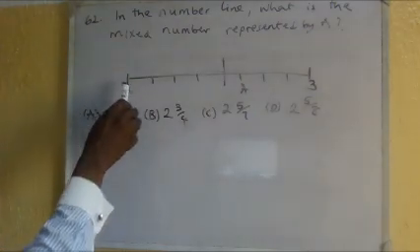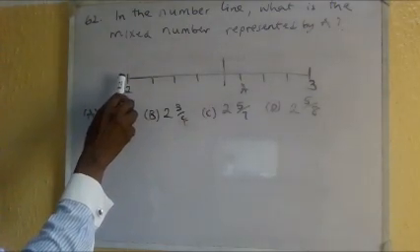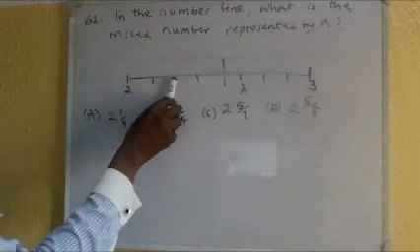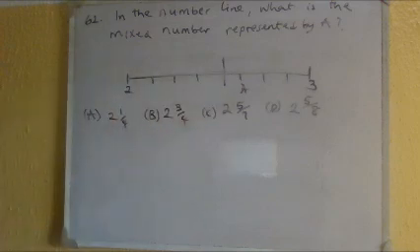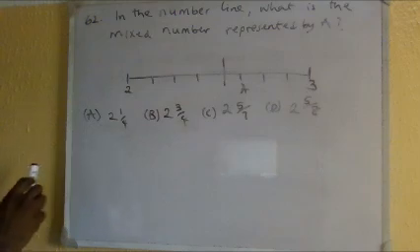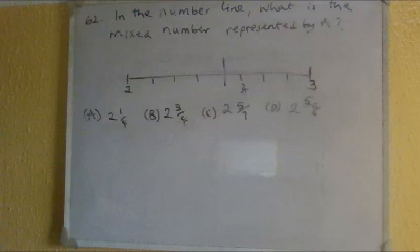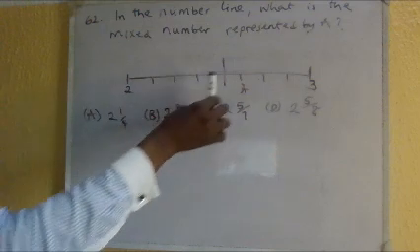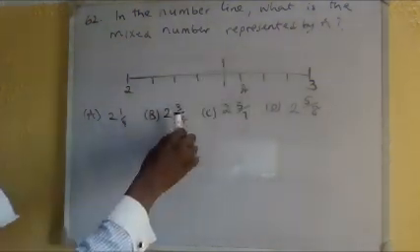So I have 0, this is 1, 2, 3, 4, 5. Yes, 1, 2, 3, 4, 5. So if this is the half mark, the next one is supposed to be 6.